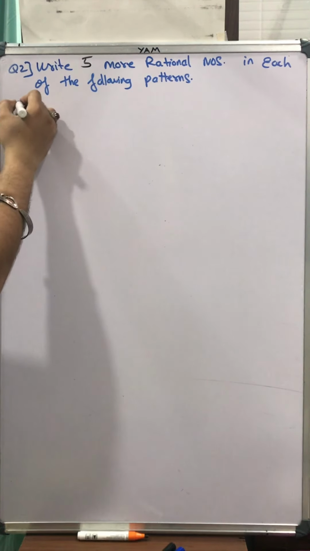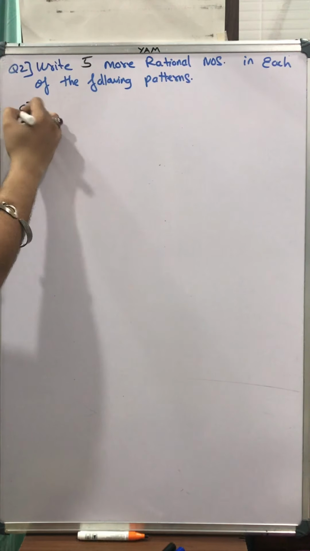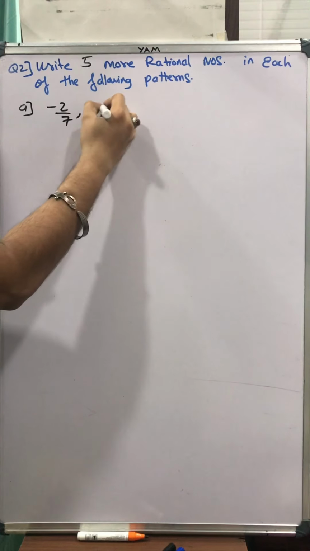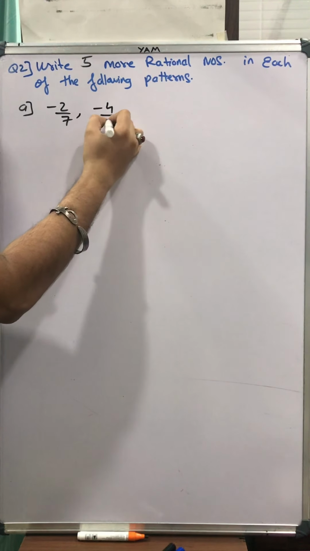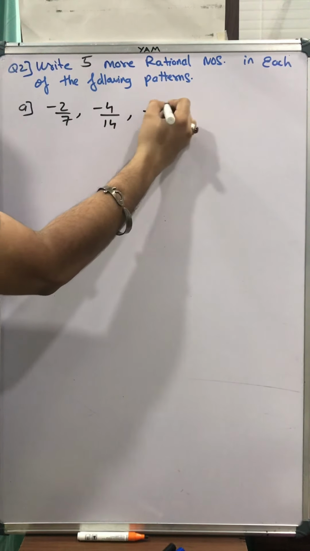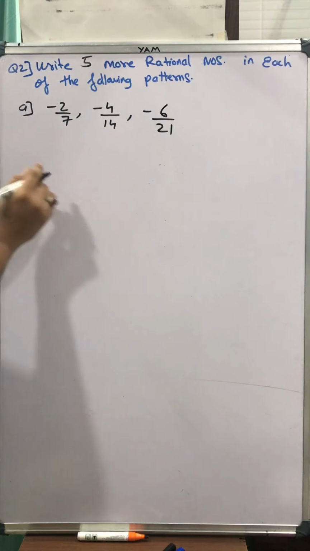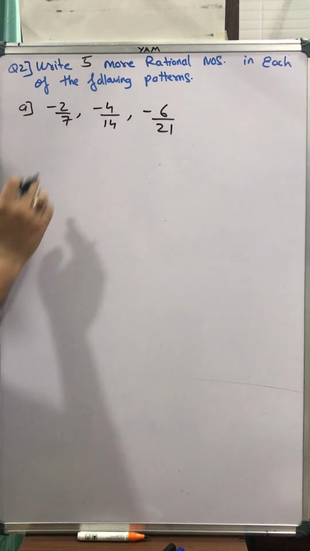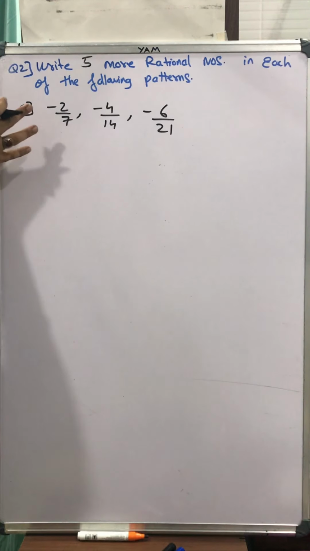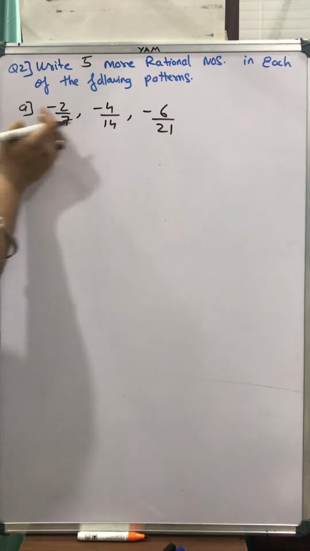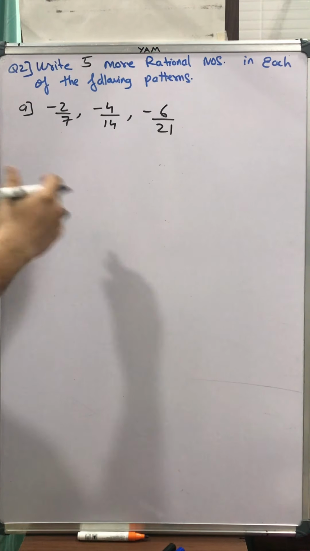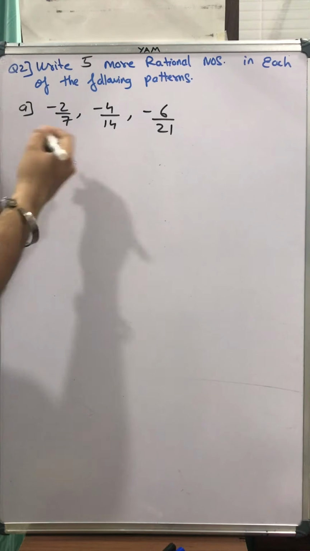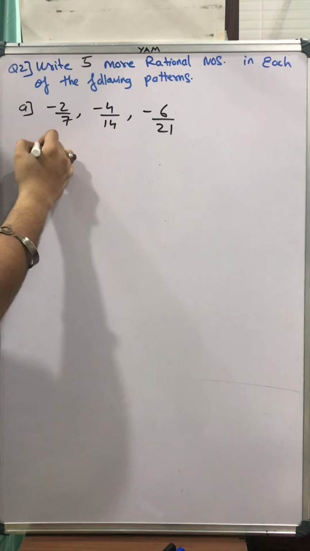Starting with the first sub question A: minus 2 upon 7, minus 4 upon 14, minus 6 upon 21. We have to observe this sequence given to us and write 5 more rational numbers.